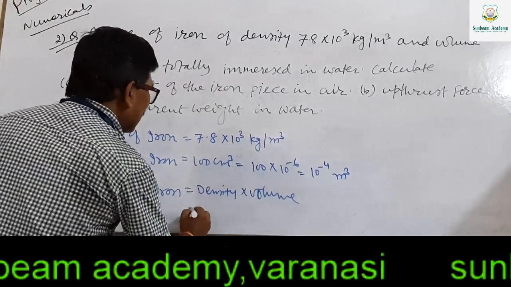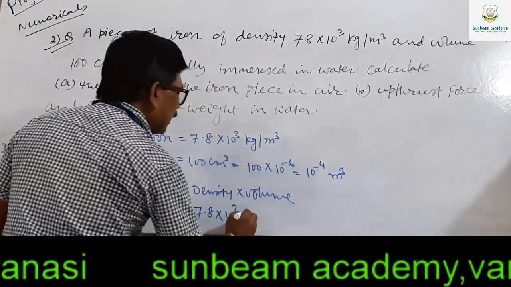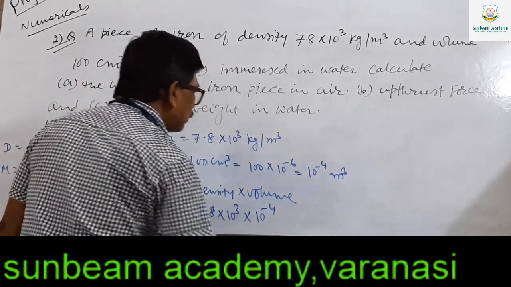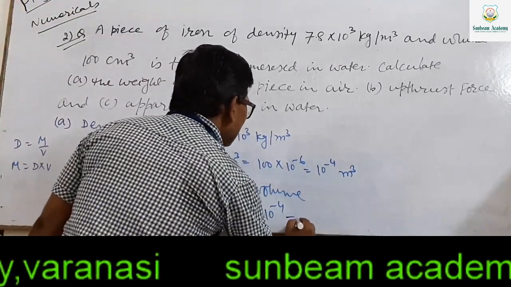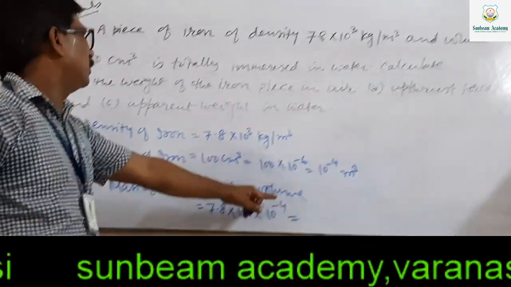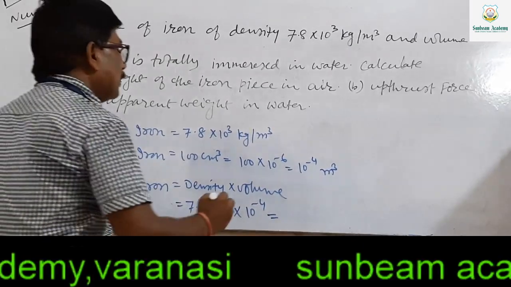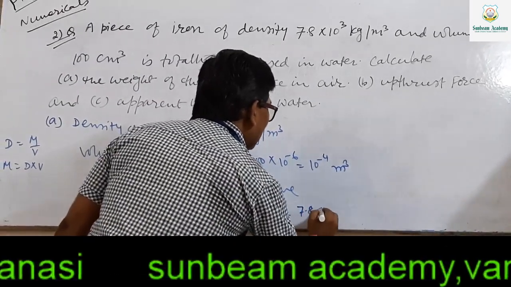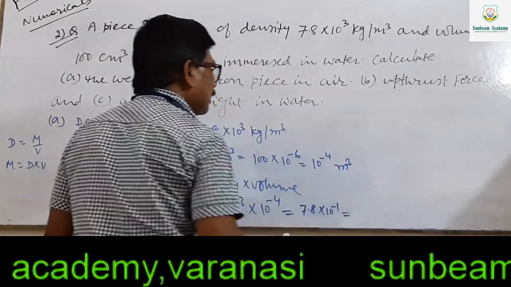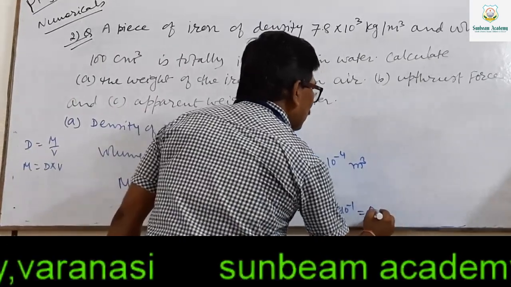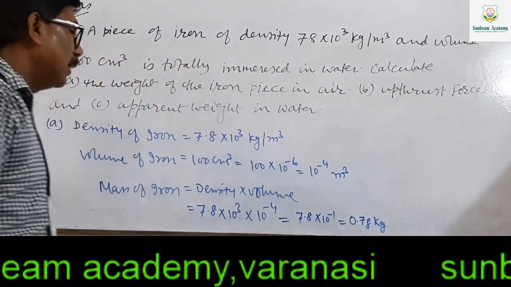So density is 7.8 into 10 to the power 3, into volume 10 to the power minus 4. From 3, minus 4 leaves minus 1, so 7.8 into 10 to the power minus 1, which is equal to 0.78 kg.